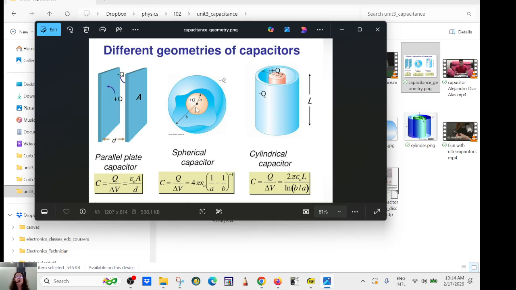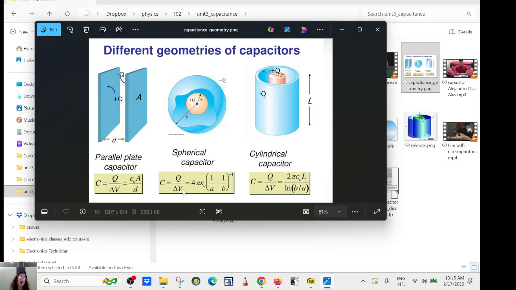So that will be the plus, that will be the minus, and that can be very far, that will be the ground. So you can find the capacitance of a spherical capacitor. And for that you have to do calculus. So I refer you to the textbook. It's nice computations, but it's all math, and you have to use that equation here.